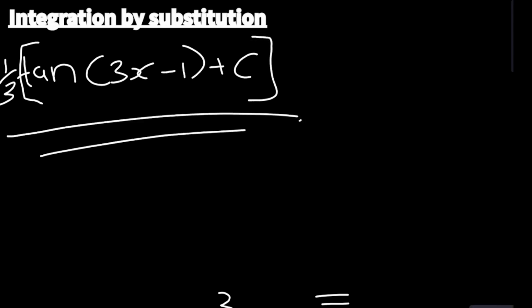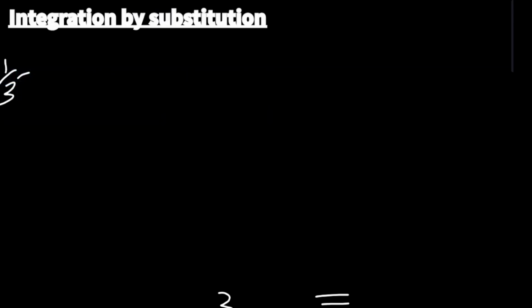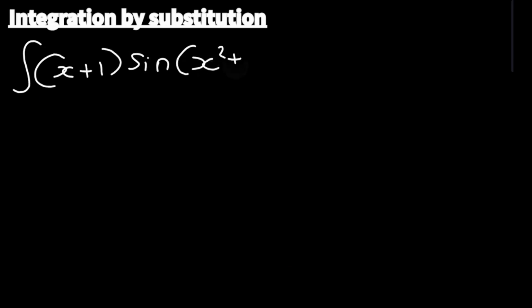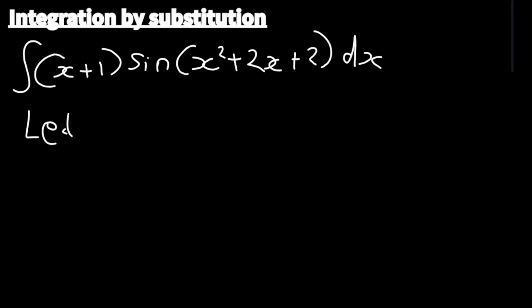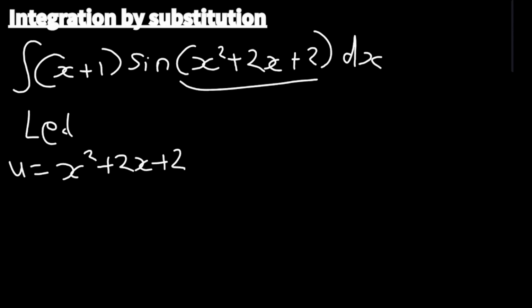We can look at another example. What is the integral of (x plus 1) sine(x squared plus 2x plus 2) dx? So let our u be this x squared plus 2x plus 2.